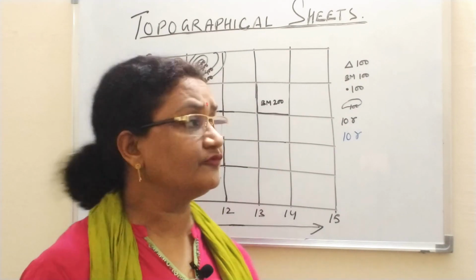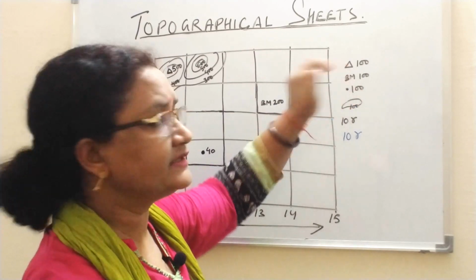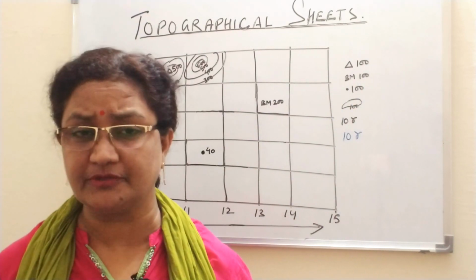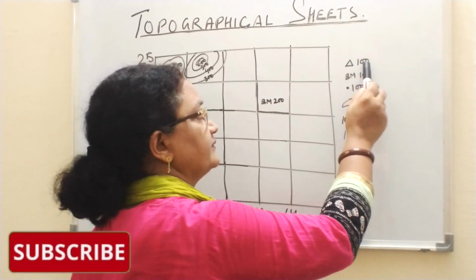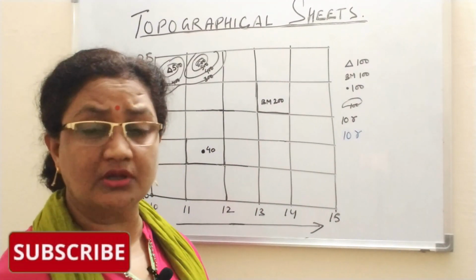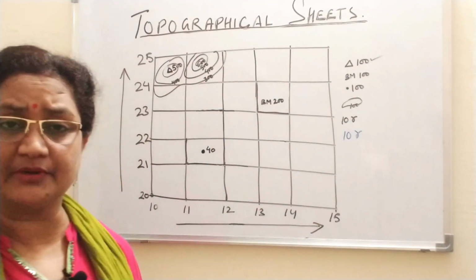For that purpose, we use a few methods. Number one: a small triangle will be shown on the topo sheet, and along with that a number is written. This always indicates the triangulated height of that particular point.